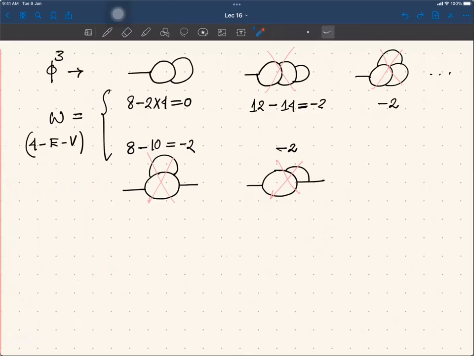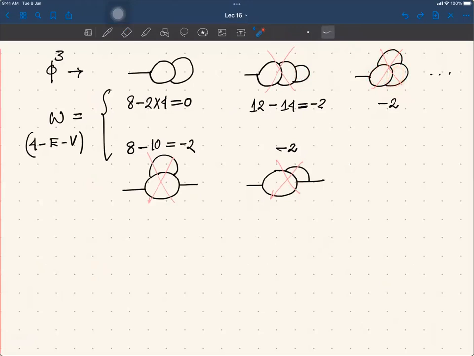None of the subgraphs in this graph is actually of the primitive type, and you see there is no loop with only 2 propagators. So this is the loop with 2 propagators, and therefore it gives you a logarithmic divergence. Here there's 1 loop and 3 propagators. Here also in this loop there are even more propagators, and so on.